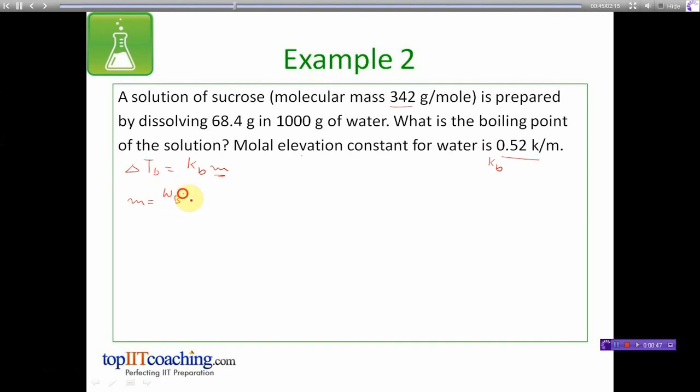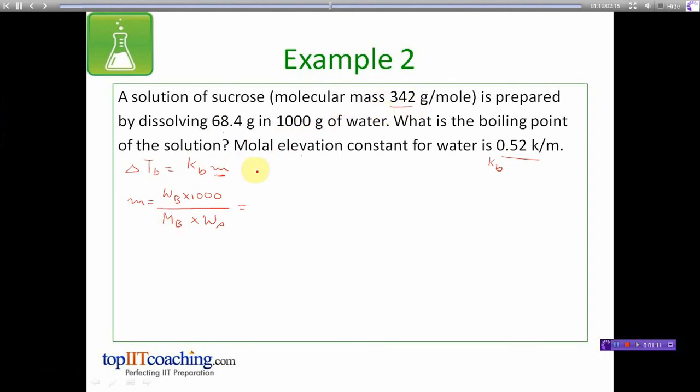m is equal to Wb into 1000 divided by Mb into Wa. Wb is the weight of the solute, Mb is the molecular weight of the solute, and Wa is the weight of the solvent. The weight of the solute is given to us, that is 68.4 grams.